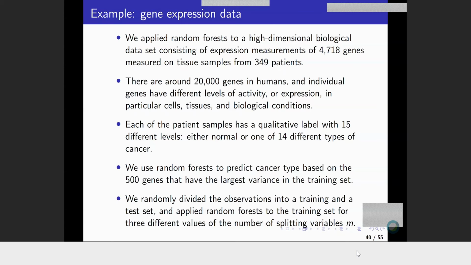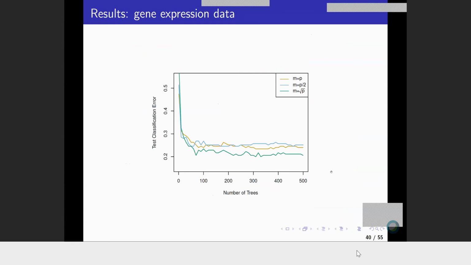We randomly divide the observations into a training and a test set and apply the random forest to the training set for three different values of M, the number of splitting variables. We consider these three values.